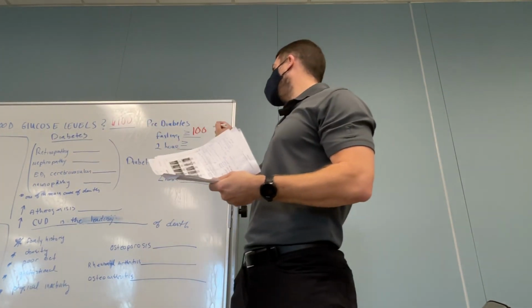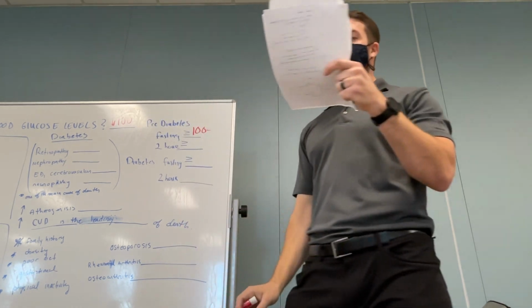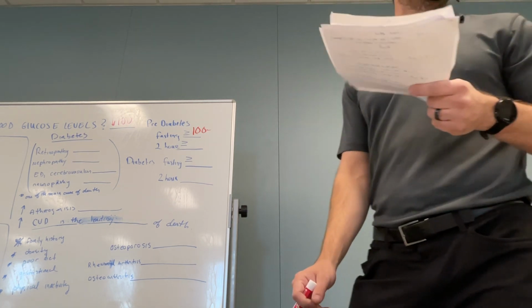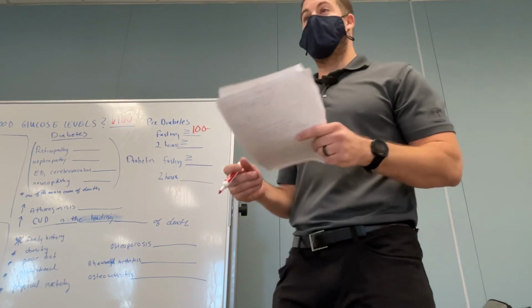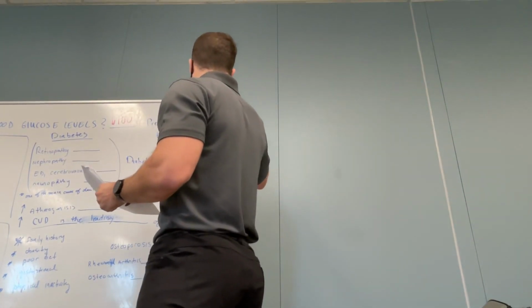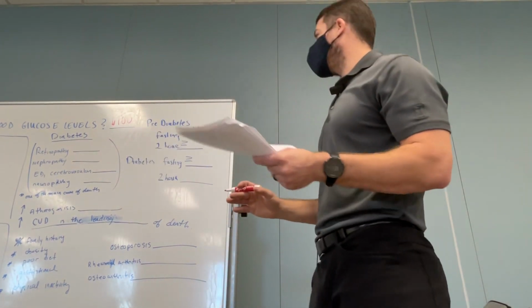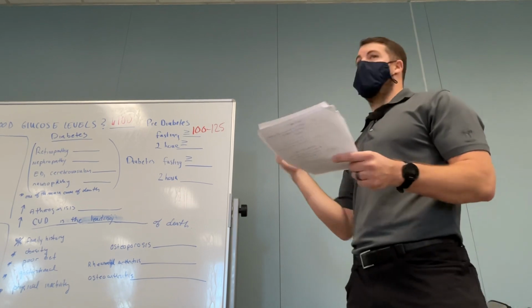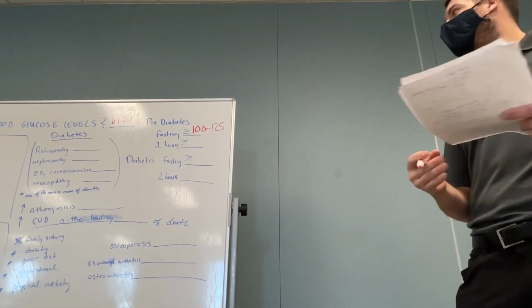So pre-diabetes would be 100 to 100 what? 120? Just guesses are good. 120, that's close. 130, we're right there. So 125. Okay. So if you're at a fasted blood glucose level of 100 to 125, then you're at pre-diabetes.